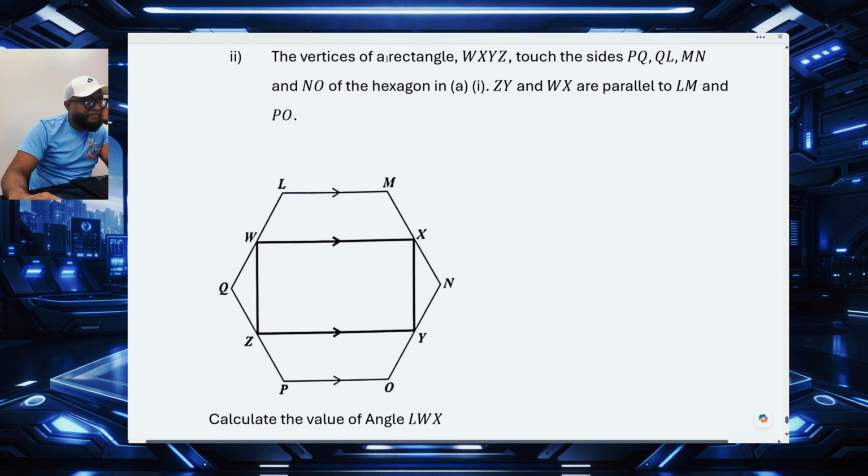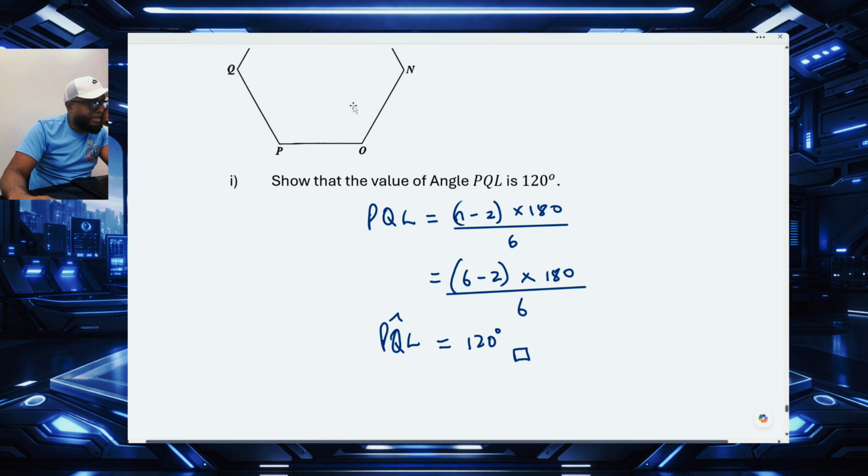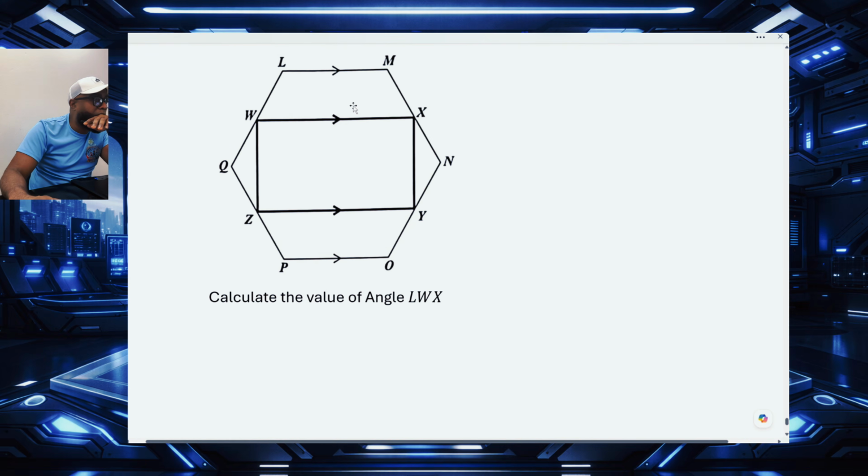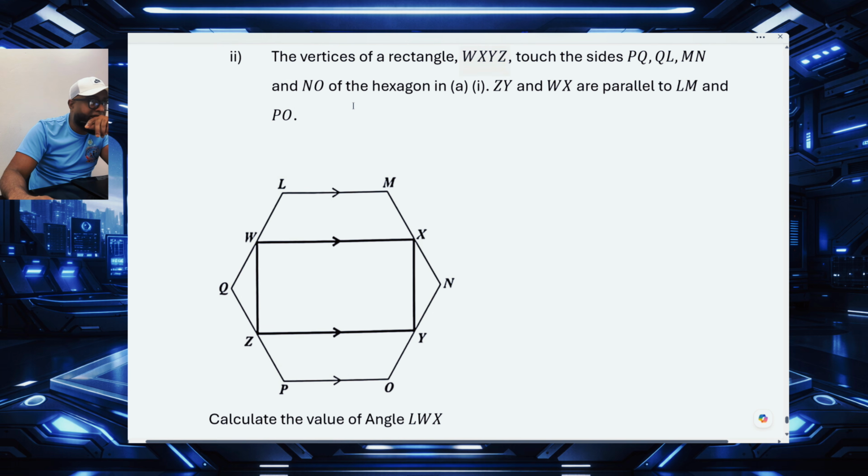The vertices of a rectangle WXYZ touch the sides PQ, QL, MN, and NO of the hexagon in part 1, right? The same hexagon we're dealing with, so all the sides are equal and all the angles are equal, because it's a regular hexagon.